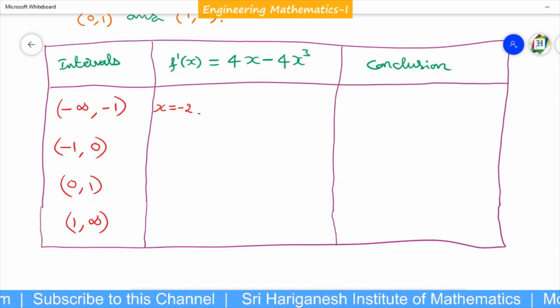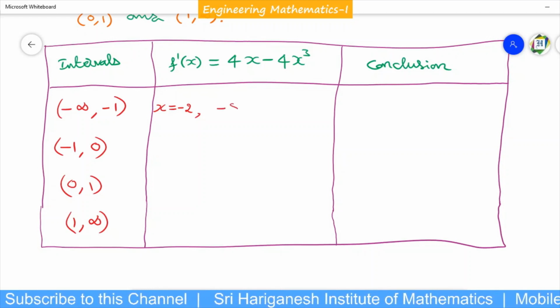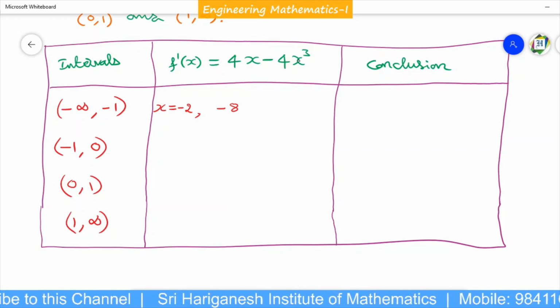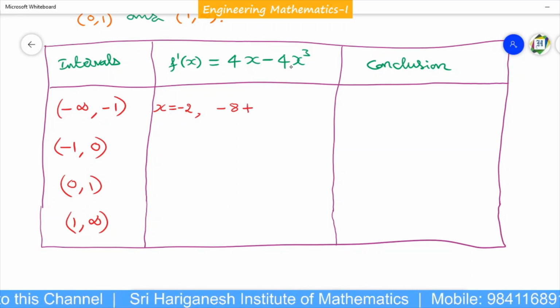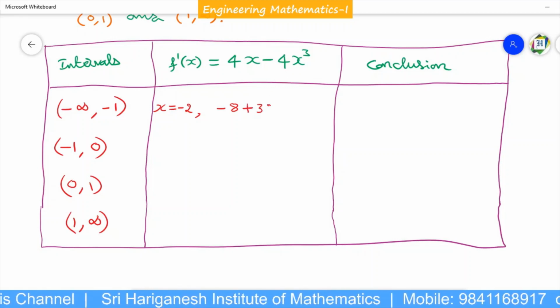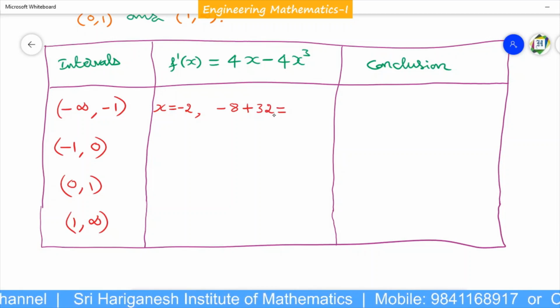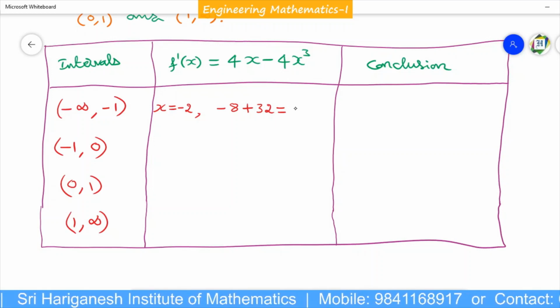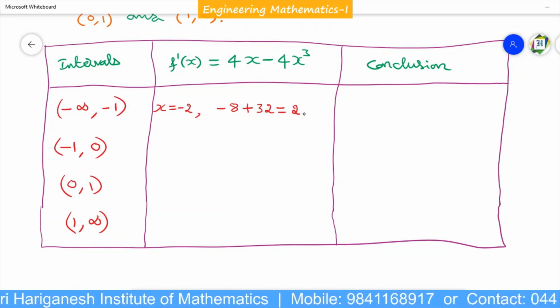If you put minus 2 here, this is minus 8. So minus of minus is plus. 8 fours are 32. Okay, so 32 minus 8 means 24.